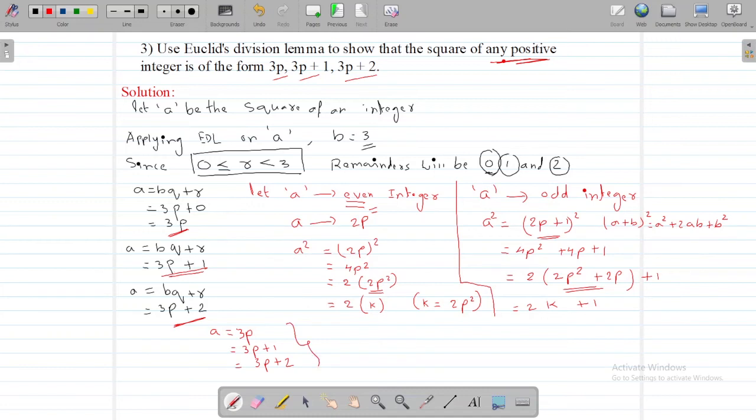If we are considering these values, then p is our quotient, and the remainders are 0, 1 and 2. So here finally we can say that any square number is of the form 3p, 3p plus 1. Similarly 3p plus 2. So this is our solution to the third problem of this exercise.